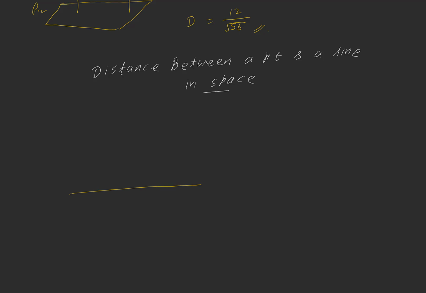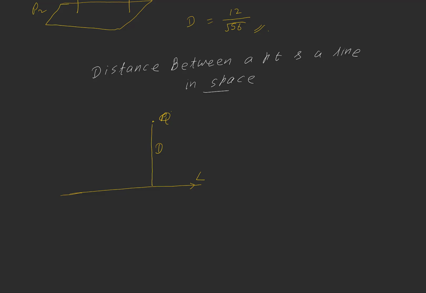So this is a line, I say L, and a point over here, I say Q. That is the point, right? We know that. Then how do we find the distance between these? So this is the distance, I say D again, right?